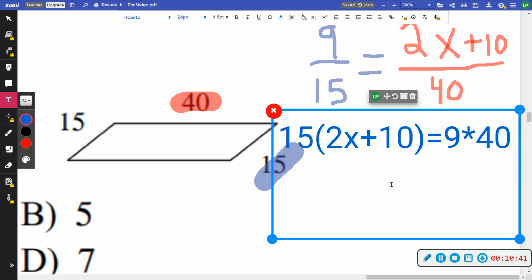Distribute the 15. 15 times 2x is 30x. 15 times 10 is 150.